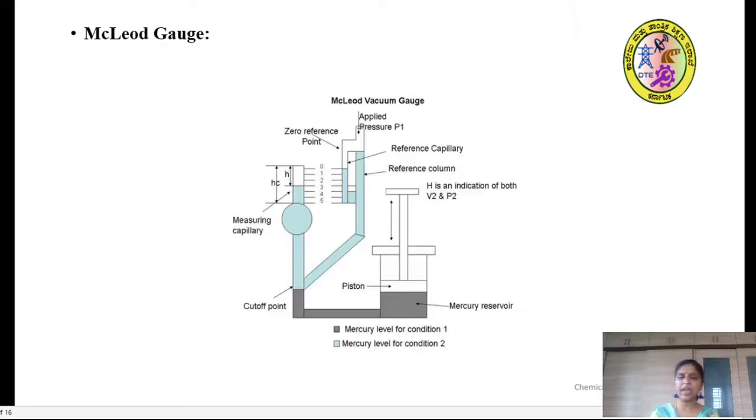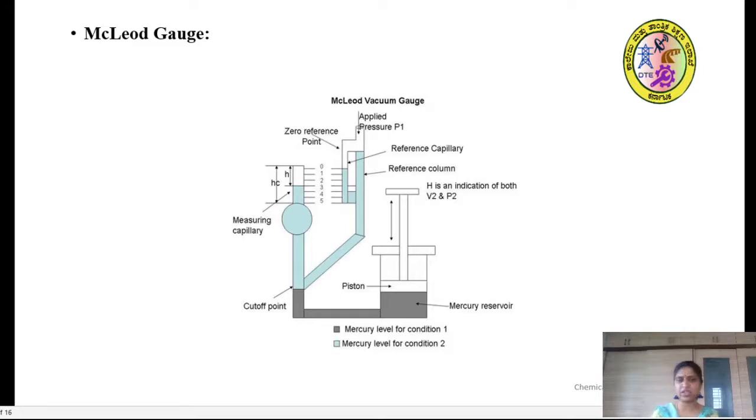The Google video links have also been given at the end of the presentation of the session. By clicking on that, you can see the picturization, the animated video of the working of the capsule, or the McLeod or the Pirani gauge, which we will cover in this session.